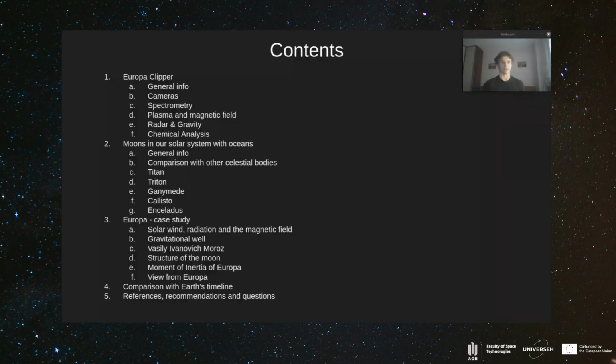It will be very brief. Next, I would tell you something about moons that we suspect have subsurface oceans, especially 6 of them, and what's interesting about them, why they are different from the others.